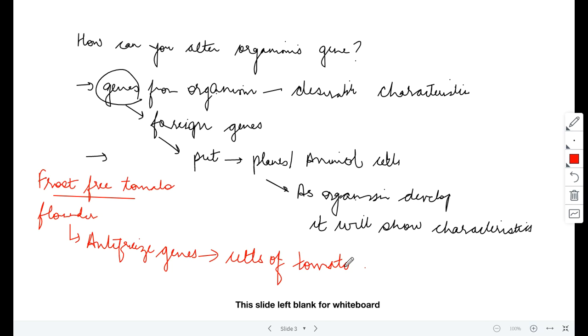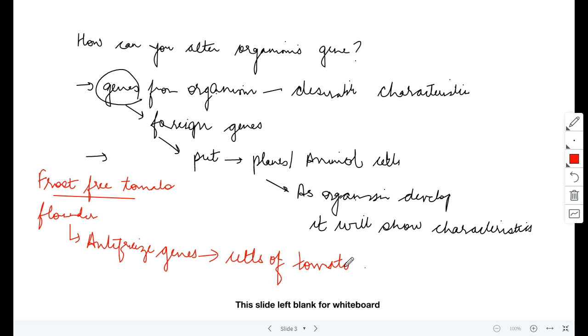This tomato which is being formed will no longer be destroyed by the freezing properties, by the frost. That means it can be beneficial to the farmers also.